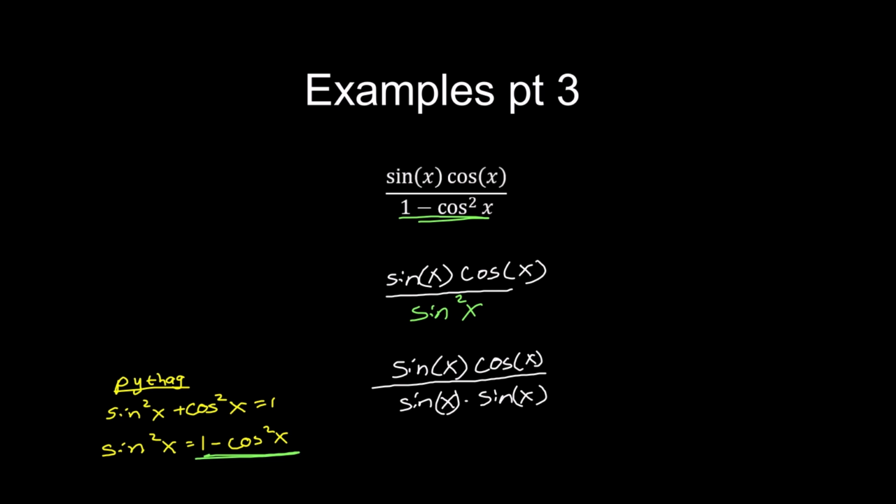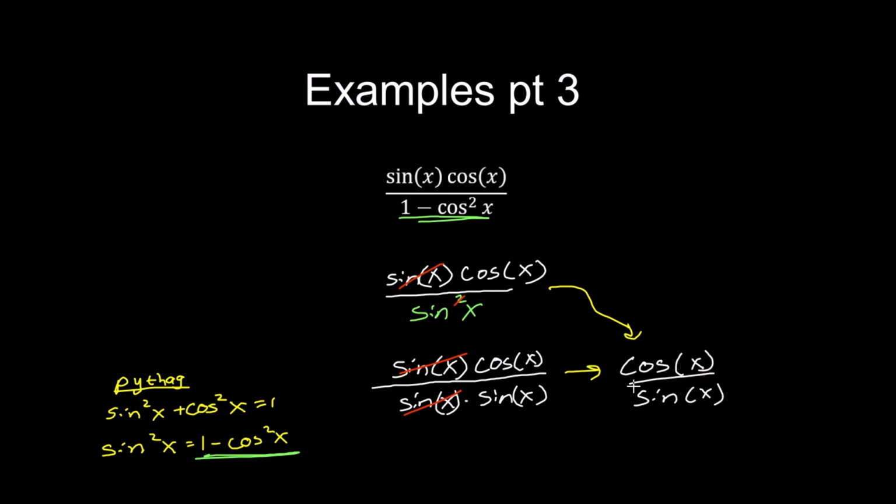Well, now it's easier to see, oh, wait a second, sine of x cancels with sine of x. Again, when I'm doing this on my own, I tend to jump straight from this step to the next step. So when I cancel out those sine of x's, I'm left with cosine of x over sine of x.